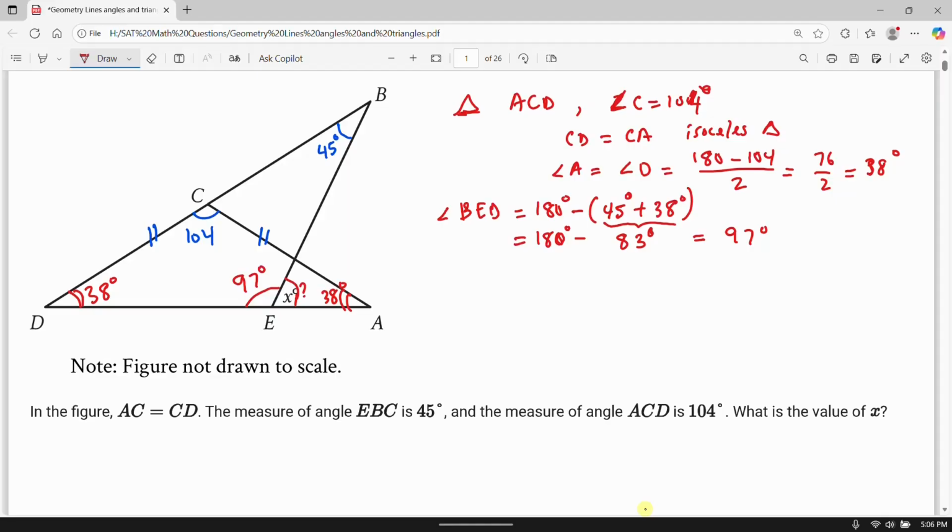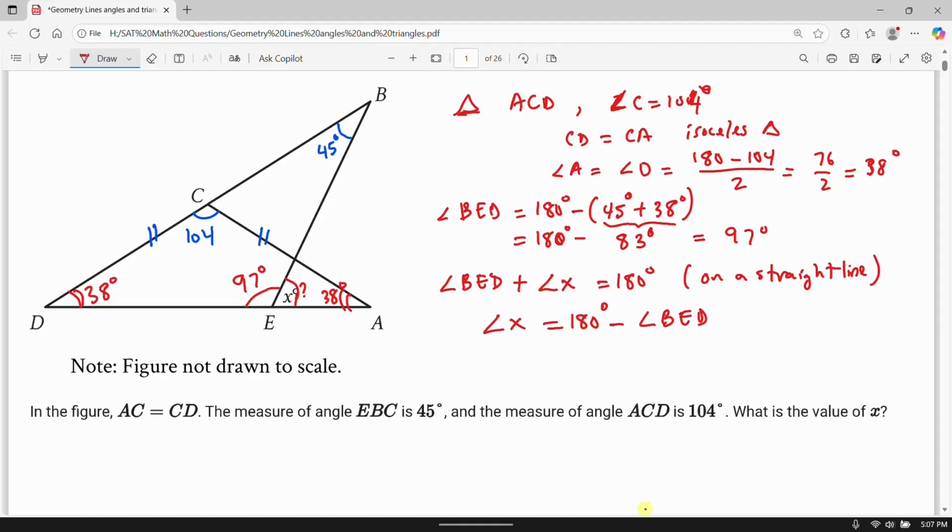Since the angle BED plus the angle X equal 180 degrees because they are on a straight line, then the angle X equals 180 minus angle BED, which is 180 minus 97 degrees, so it's 83 degrees. So X equals 83.